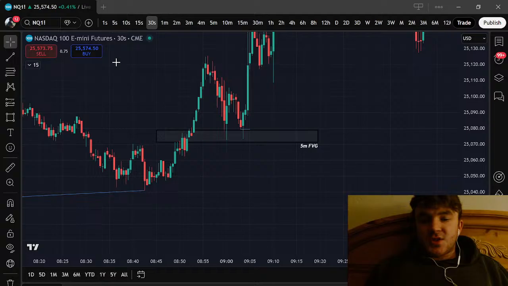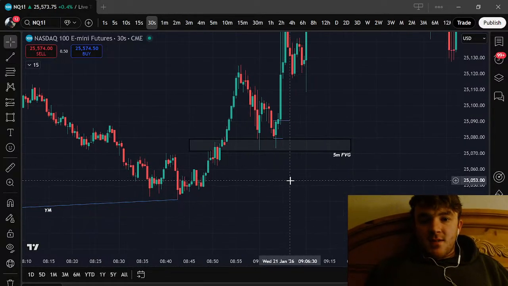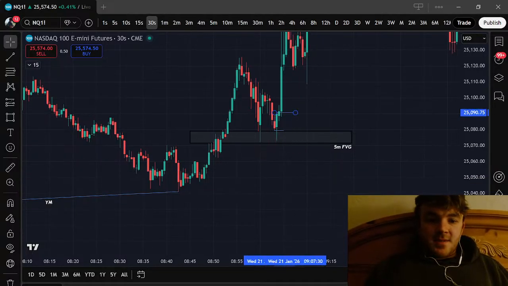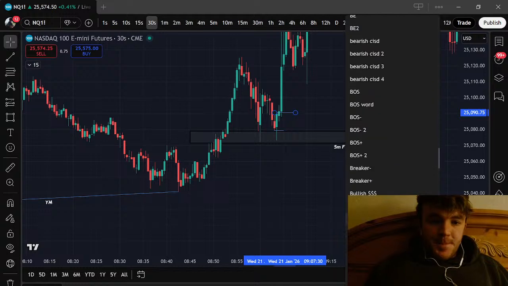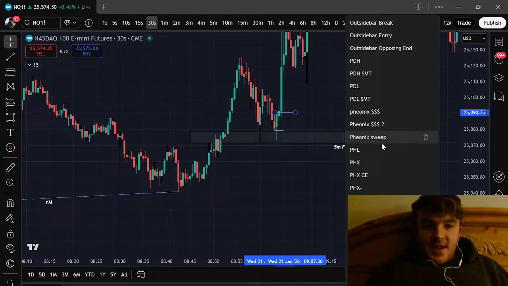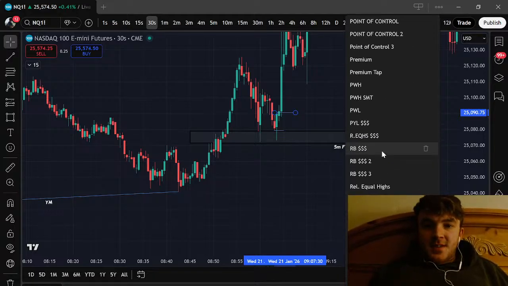Very similar to the trade I took 2 days ago, or was it yesterday? I can't remember. Might have been yesterday. You have an outside bar that just all of a sudden spawns. It literally spawns in.